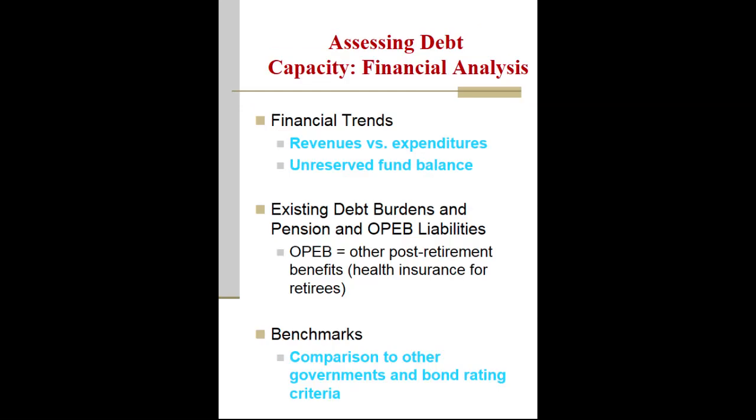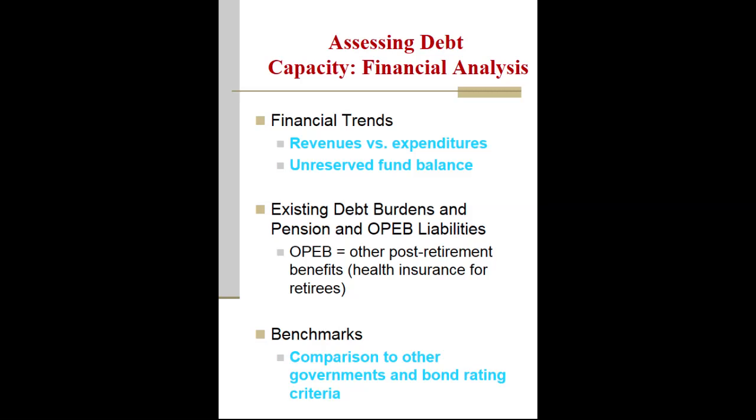It's also important to do the financial analysis where you look at financial trends. And this would include looking at revenues and expenditures and seeing if revenues are sufficient to cover expenditures. If not, that's going to constrain the amount of debt a government can issue unless other action is taken.